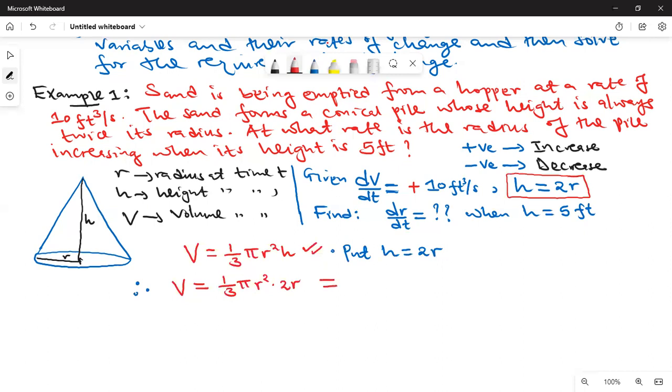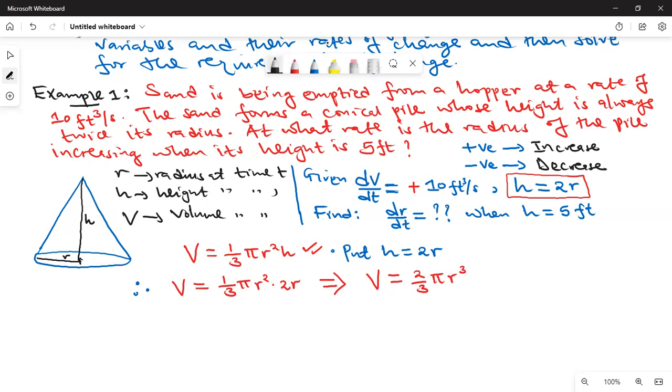And when you simplify, you get 2/3 pi r cubed. So this is now a relation between volume and the radius r. Let me write this in a better way: V equals 2/3 pi r cubed.